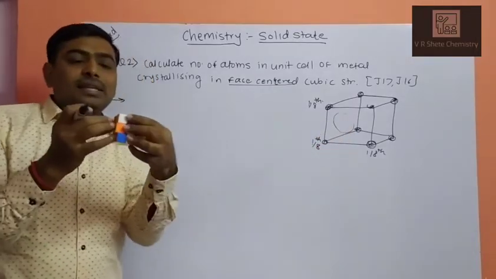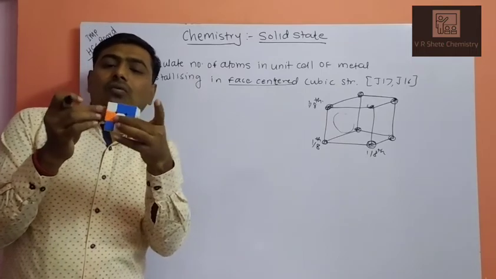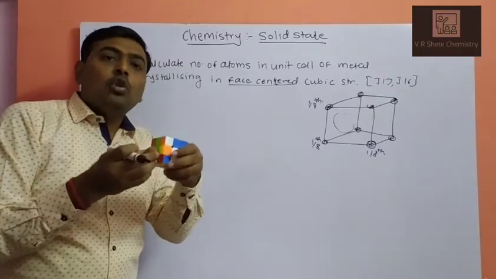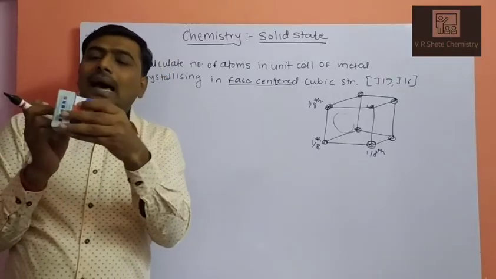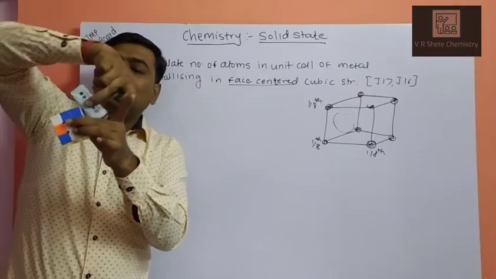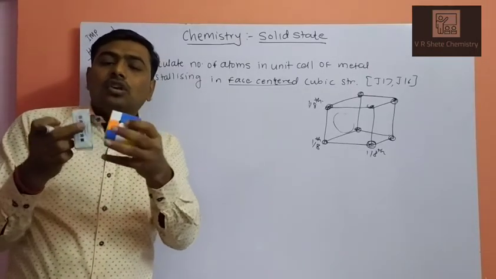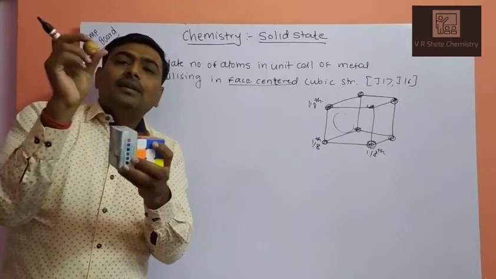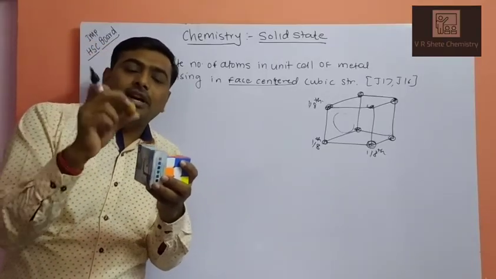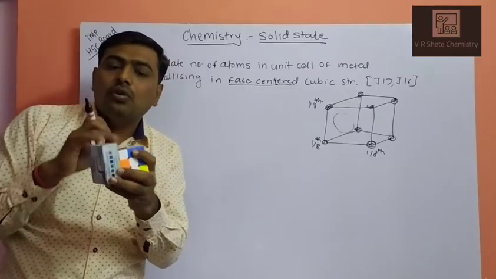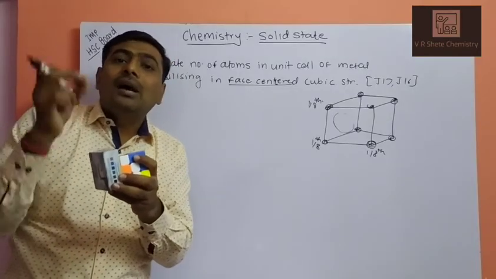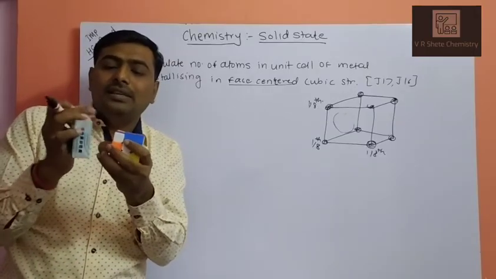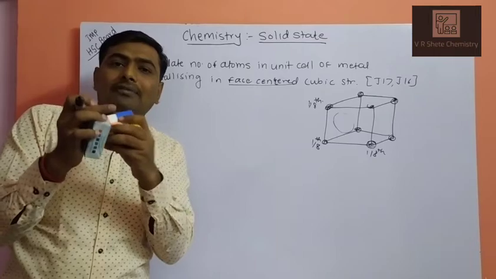If this is present at the face, 1 2 3 4 5 and 6, there is one more crystal at each side. So if you place this molecule at the face, it will be shared by this cube and the neighboring cube. Each cube shares half, because half will be in this cube and half will be in the other cube.